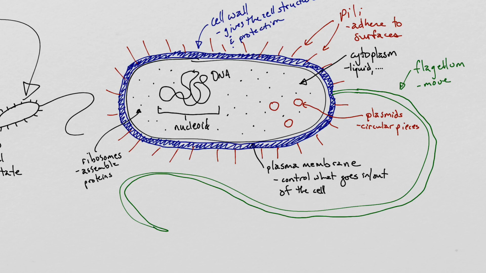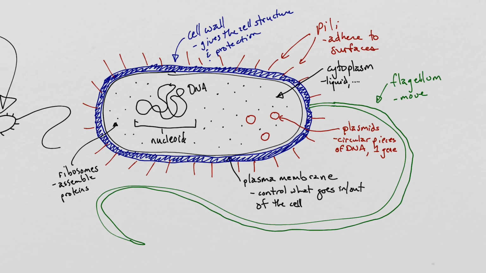But these little circular pieces of DNA normally just contain enough information for one particular characteristic. We call that characteristic a gene. A lot of times that characteristic is a resistance to some kind of antibiotic or something like that. These plasmids can often get traded between E. coli or different bacteria, so that antibiotic resistance can actually be passed on.